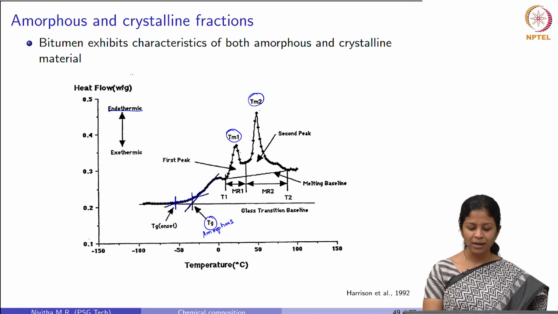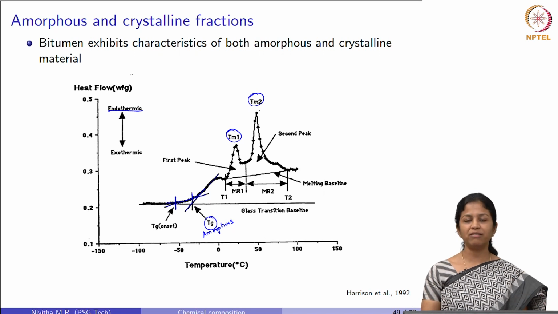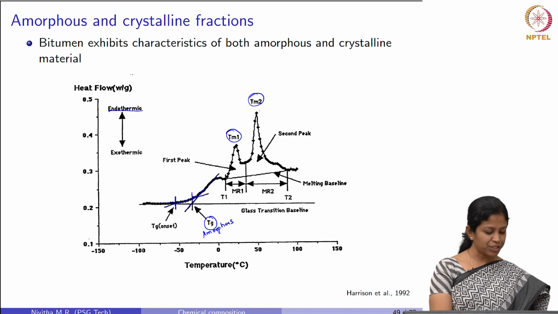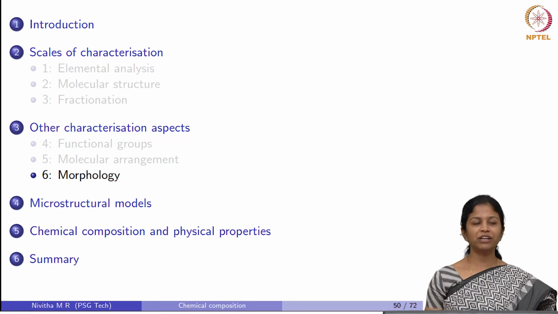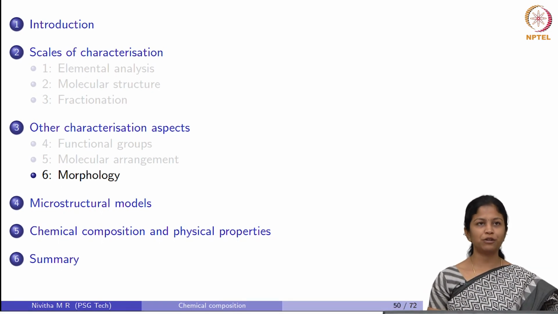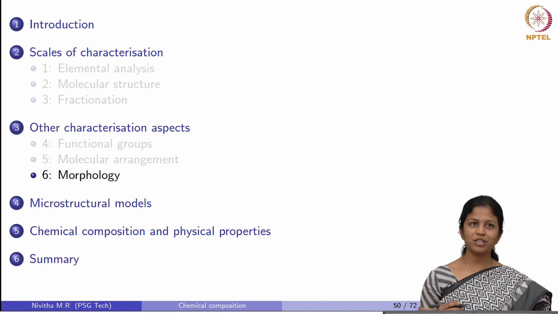Because of this, we are able to see multiple peaks in the case of bitumen, which is not observed in the case of a few simple polymers. So, this is very useful information in the case of bitumen, and the next one is morphology related information. Next, we will look into the third characterization aspect of bitumen, which is the morphology based techniques.